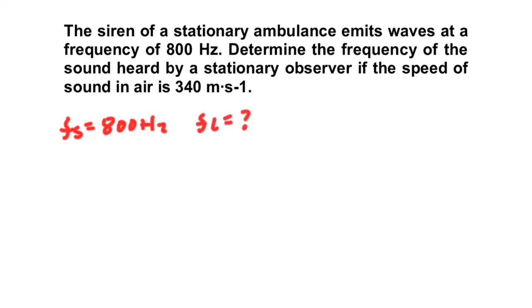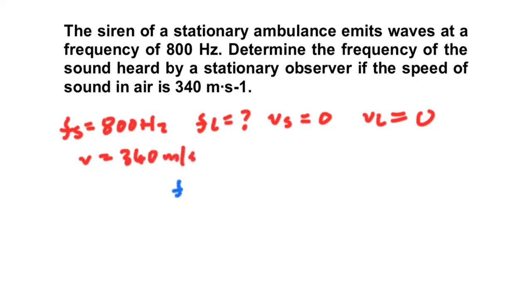What are we given? We know that the velocity of the sound source is 0 meters per second. It is stationary. And then the velocity of the listener is also 0 meters per second because the listener is stationary. But we are given the velocity of sound in air, which is equal to 340 meters per second.